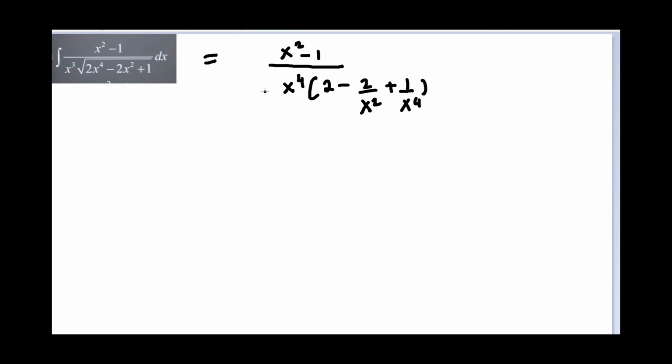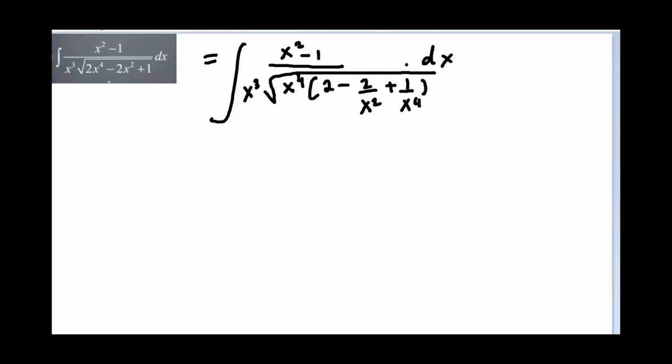Of course, this entire thing is inside the square root, so let me place the square root, and you have x to the power of 3 there with the integral sign times dx.